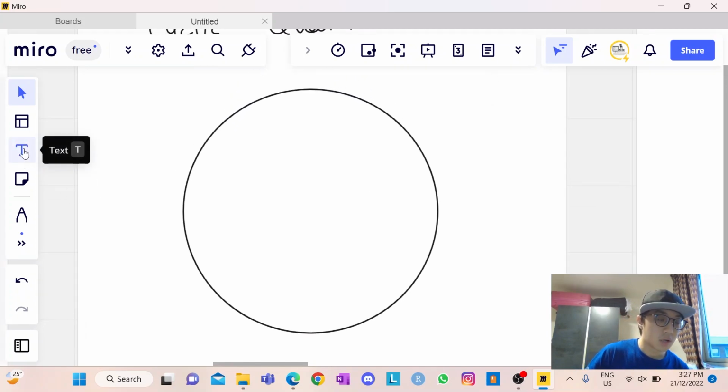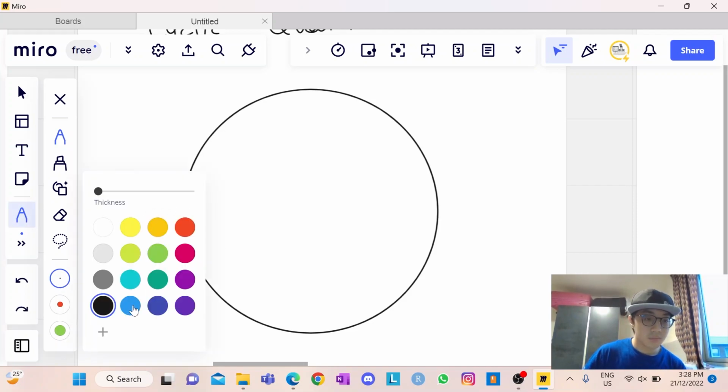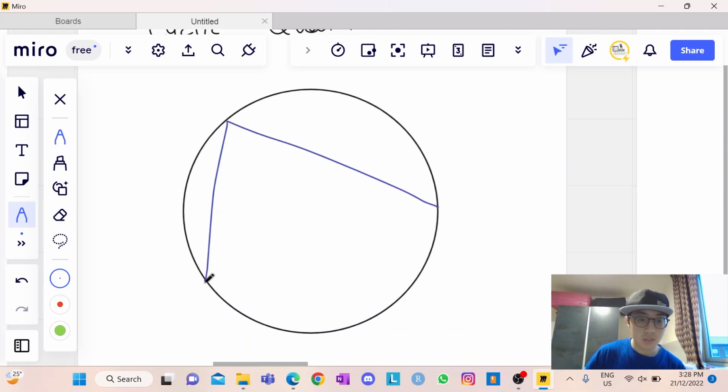All right, so I will just draw a random one here, like this. I use a different color, and maybe something like this to make it more like an irregular quadrilateral so that it's better to show.